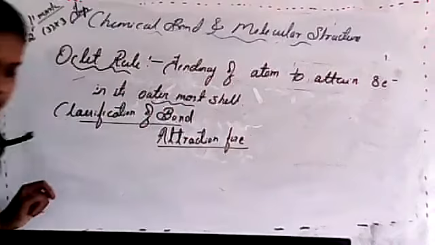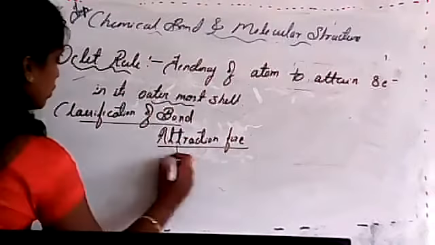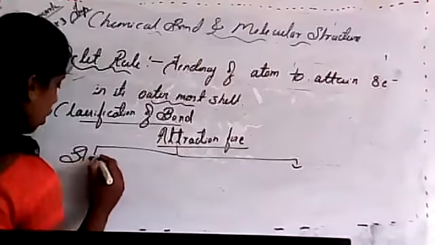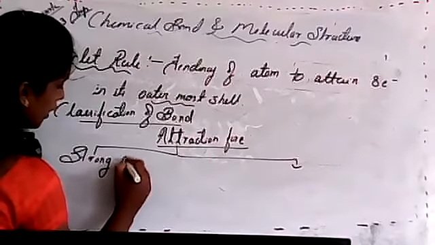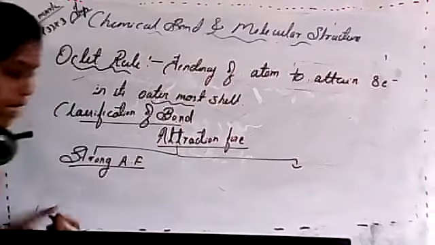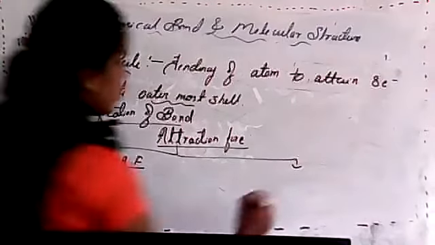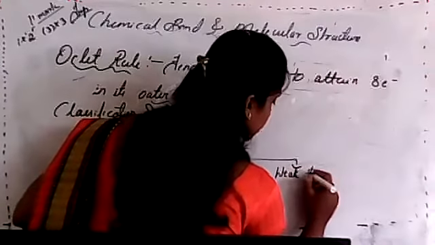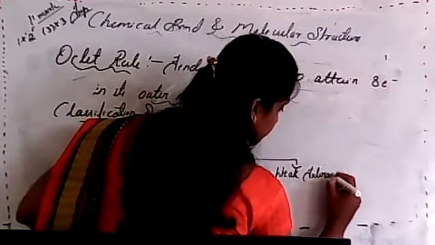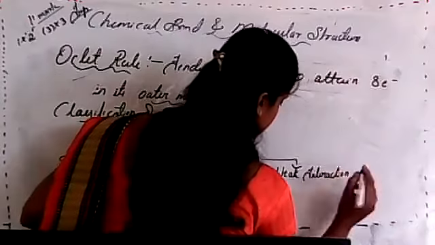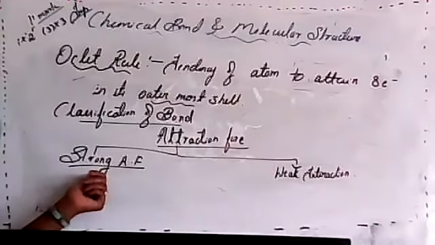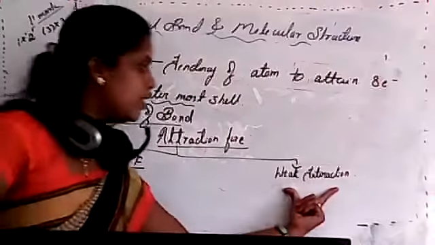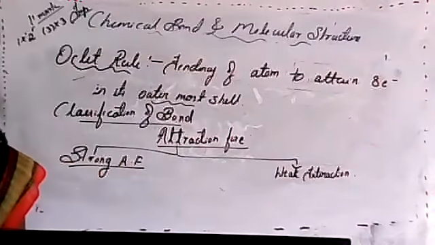There are two types. First one is strong attraction force, and the next one is weak attraction or weak interaction.